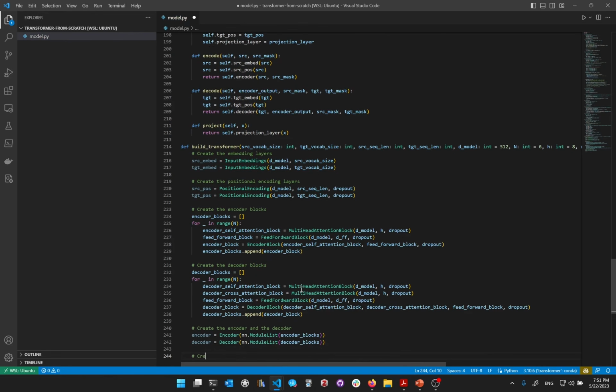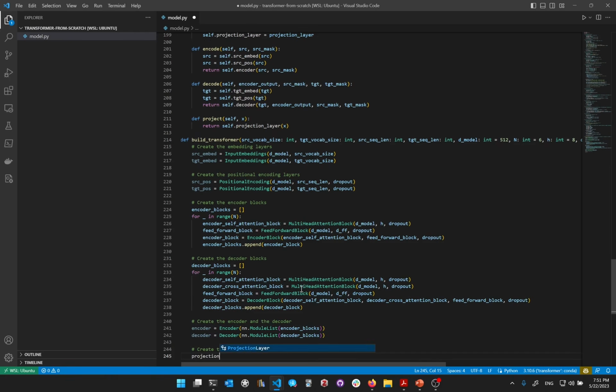And we create the projection layer, which will convert the model into vocabulary size. Which vocabulary? Of course the target, because we want to take from the source language to the target language. So we want to project our output into the target vocabulary.